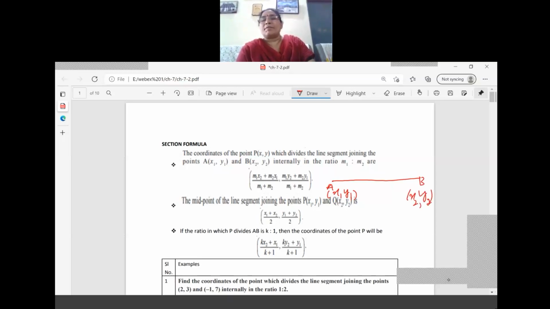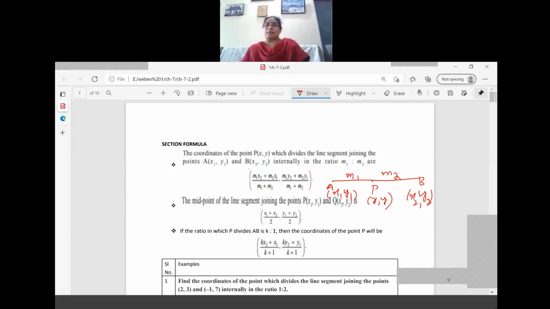It is divided internally in the ratio m1:m2. Now the question is asked: what are the coordinates of P? Let us assume the coordinates of P as (x, y). We already explained this in the videos; it's just a revision we are doing.